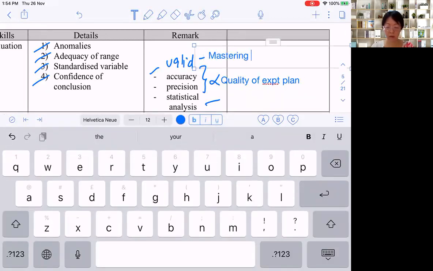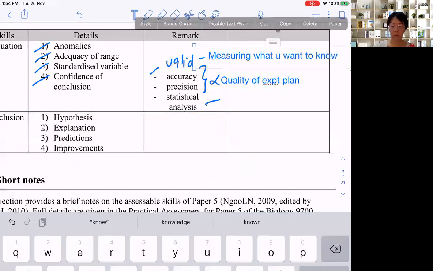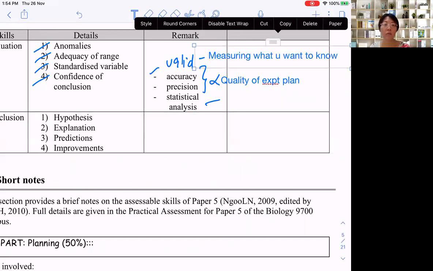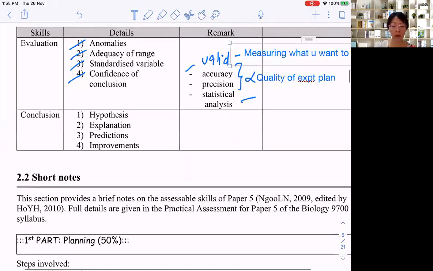Valid means: are you measuring what you want to know or not? Okay? Accuracy, precision. Right? Now the conclusion you have to look at.